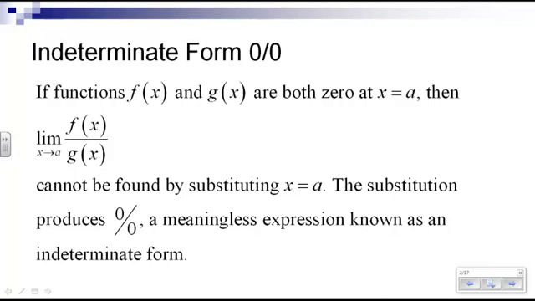Let's talk about why we need L'Hôpital's rule. First of all, we use L'Hôpital's rule in this very interesting situation where we have two functions. As the functions approach a, they're in the form 0 over 0. Now we know when the numerator gets close to 0, the fraction gets close to 0.